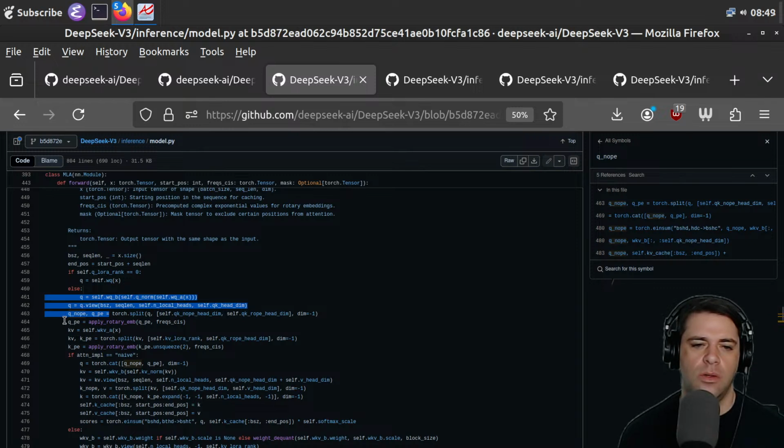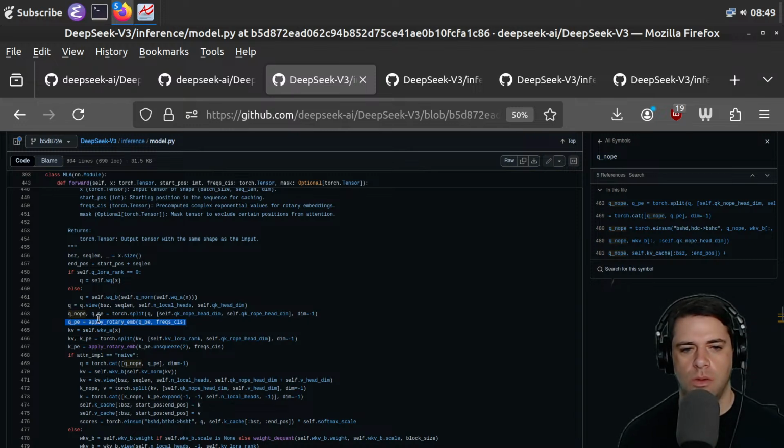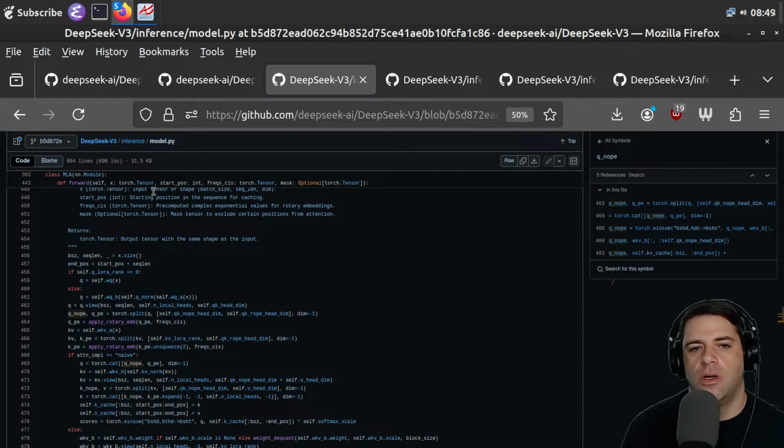And then we're going to apply the rotary embedding to Q sub PE, which is, I guess, maybe the rope side, passing in the complex exponentials that were part of the original argument to the function. And then the key values will be, we'll take the self WKVA map, apply it to X.